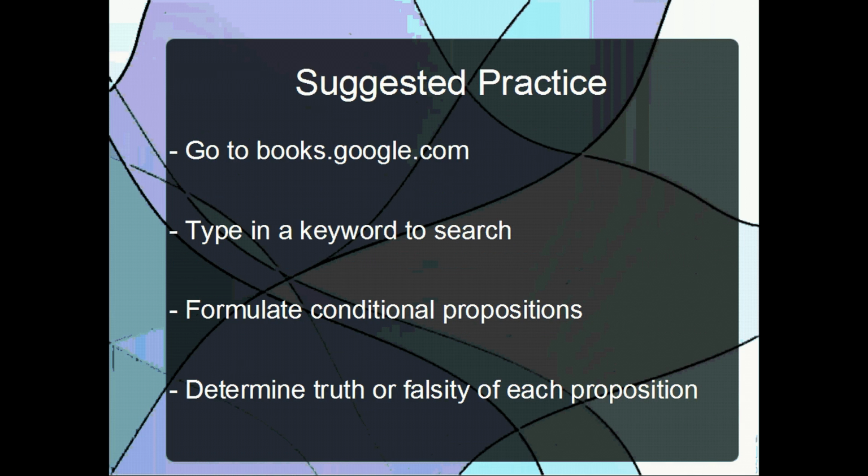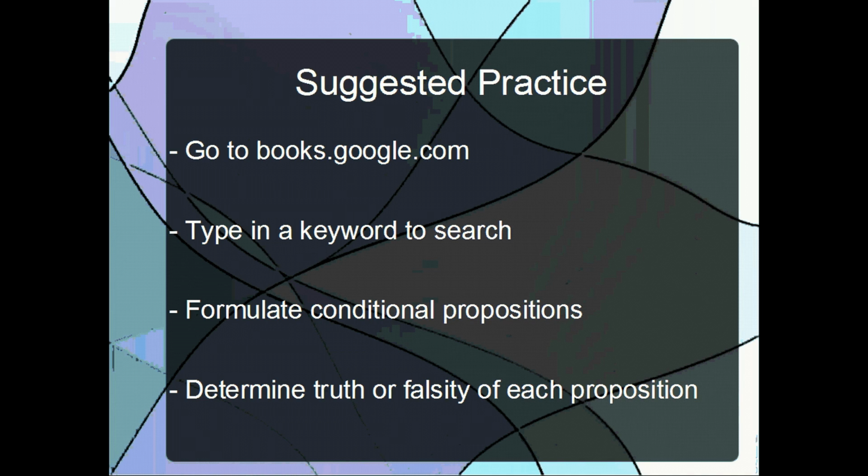Okay? Now, to get your own practice, what you can do is go to books.google.com. On the left-hand side, there is a search bar. In that search bar, type in a keyword to find a book. If you want some ideas on what kind of keywords you could type in, you can go to yahoo.com and just look for headings from the article to type in the search bar in books.google.com.